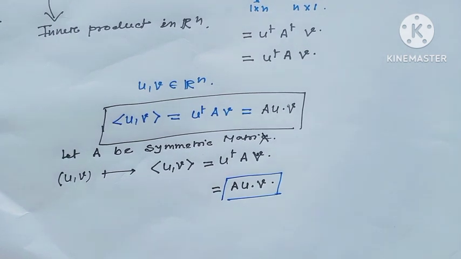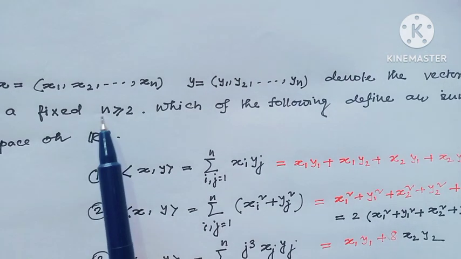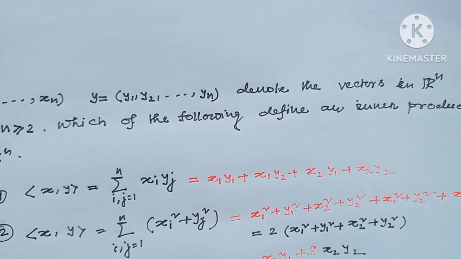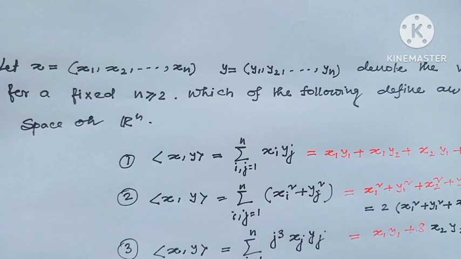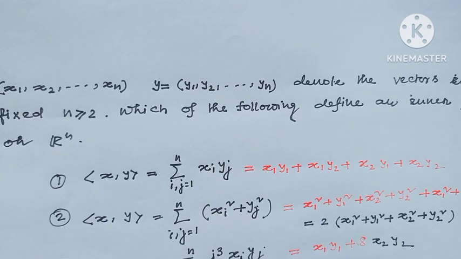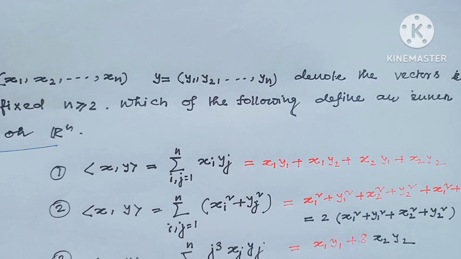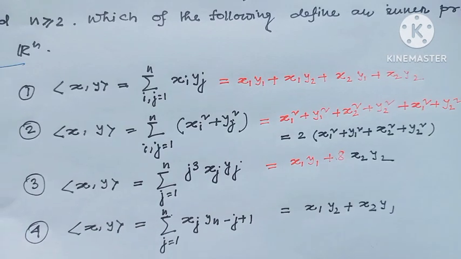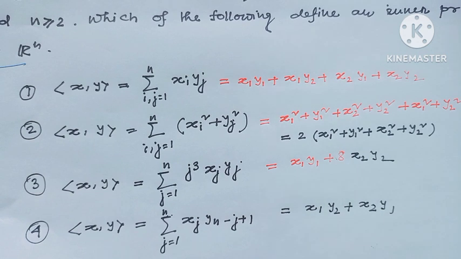And today's goal of this lecture, today I will say let x equal to x1, x2 up to xn and y equal to y1, y2 up to yn, which denote vectors in Rn. Then for a fixed n greater than or equal to 2, which of the following defines an inner product on Rn? Option 1. Notice, this question I had seen in my previous video, and I had solved this question by positive definiteness.